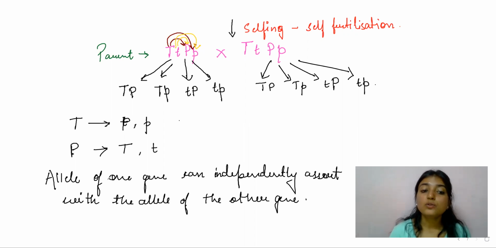Okay, so that's why this law is named the law of independent assortment.